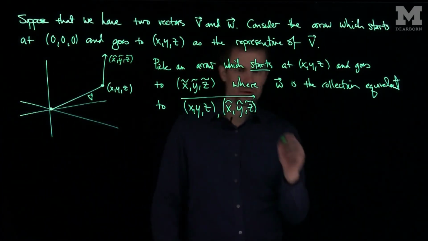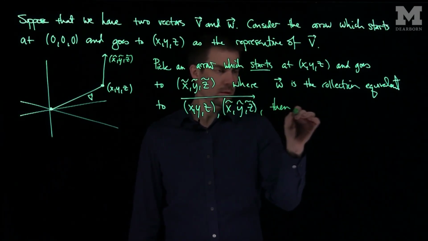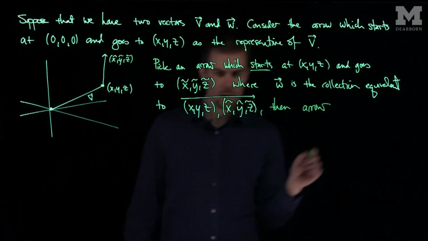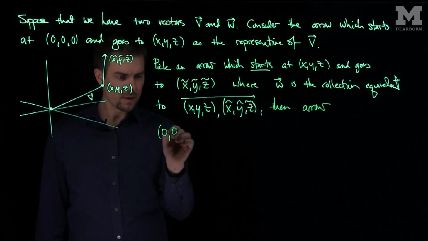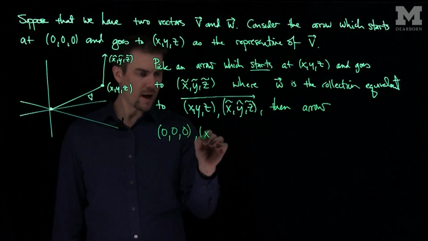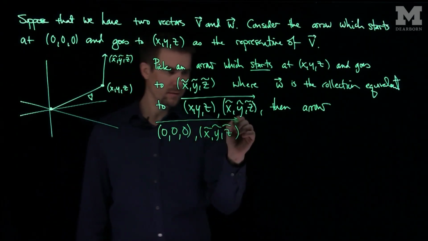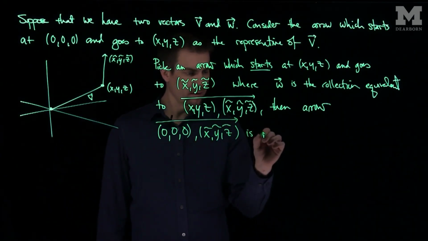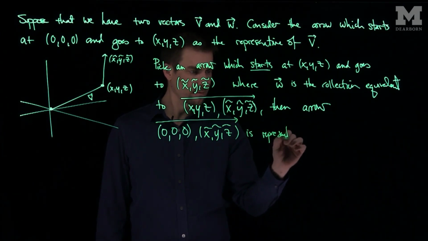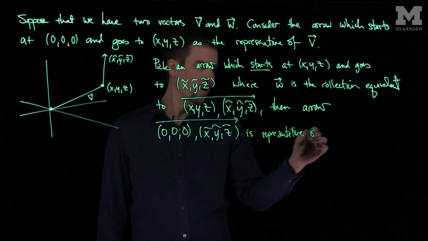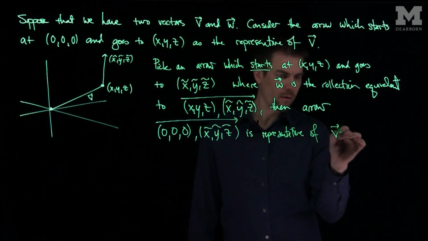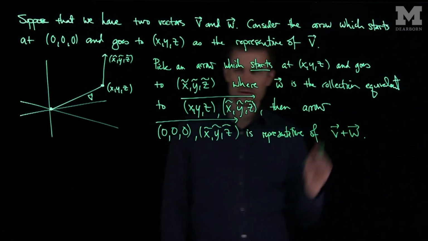Then the arrow from 0, 0, 0 to x tilde, y tilde, z tilde is a representative of the sum vector v plus w.